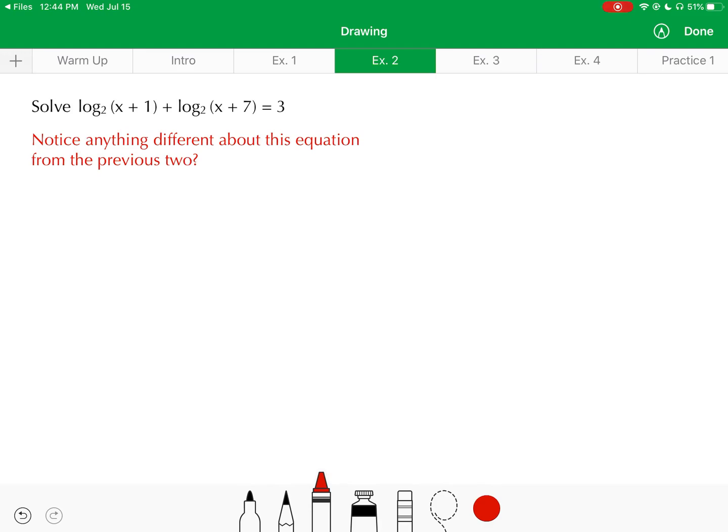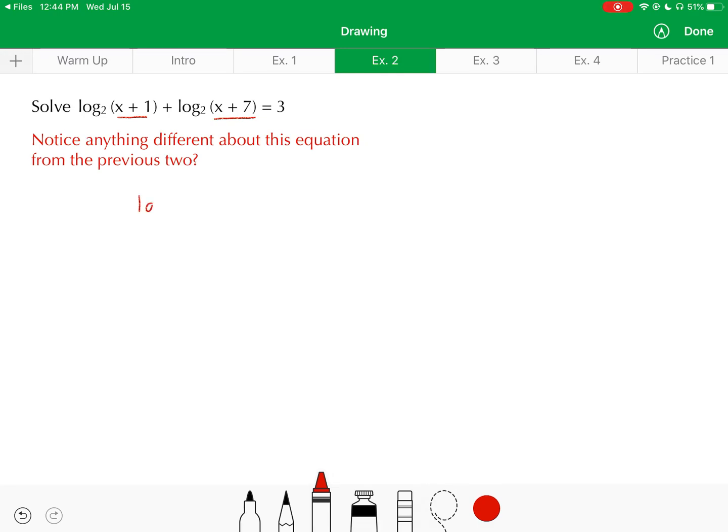So that is going to require a different approach than what I did on the last two equations. I'm not going to be able to use that logarithmic property of equality.